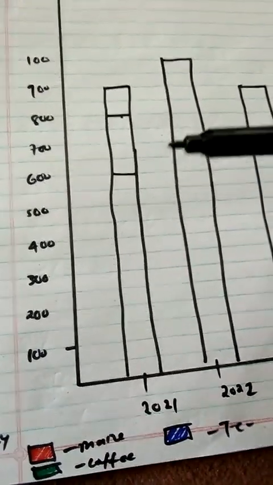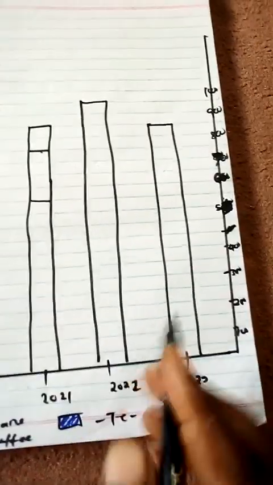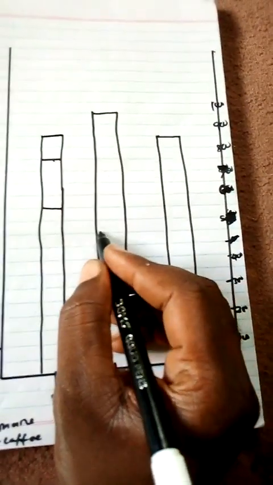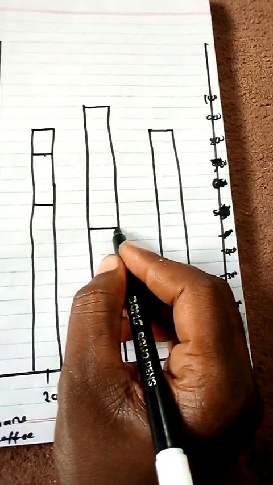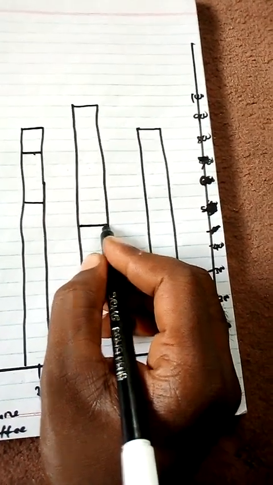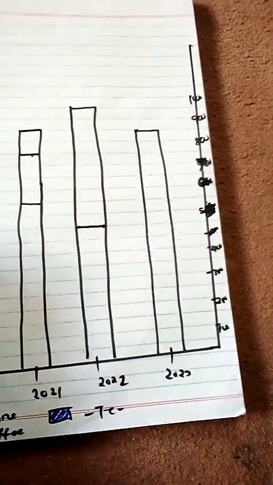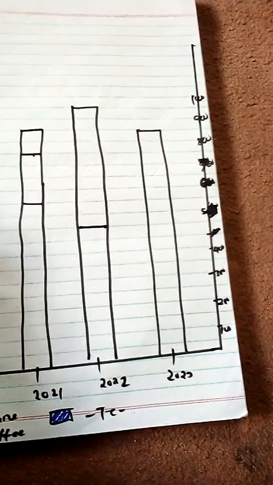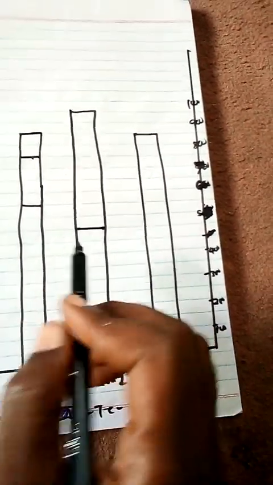So we draw, using the same procedure, the next bar, which is 2022. Maize was 500. So at this point we draw a line here, 500. The next data for 2022 is coffee, which is 300. So we add 500 plus 300, we get 800.